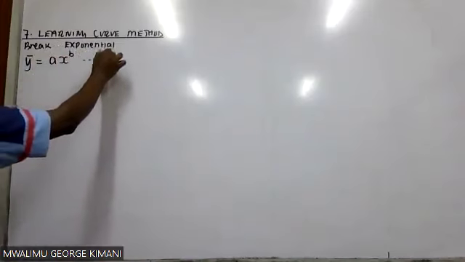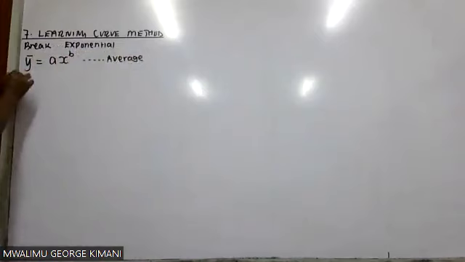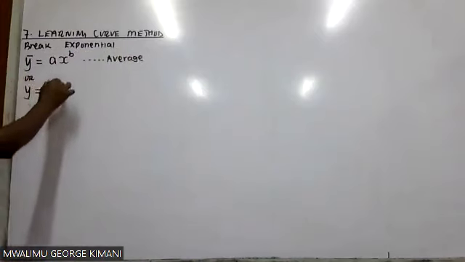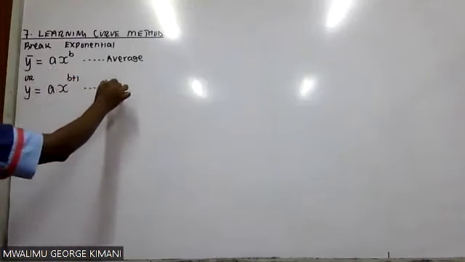And this one we call the average. Or y without a bar, equal to a x raised to the power b plus 1. And this one we call the total.